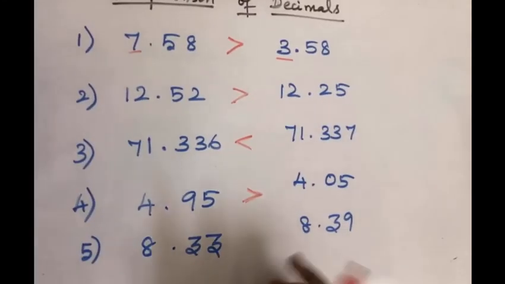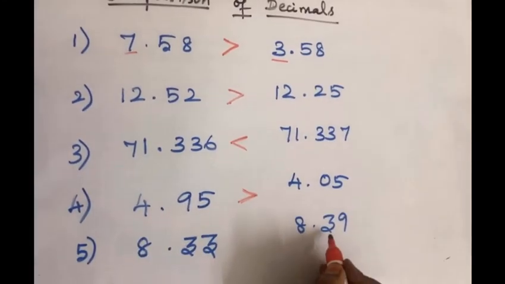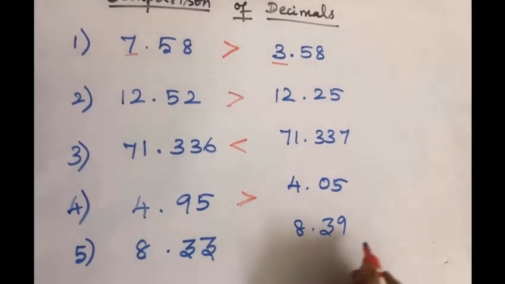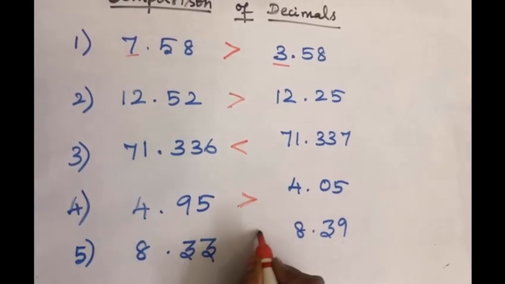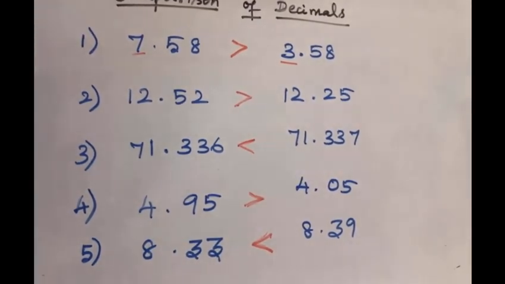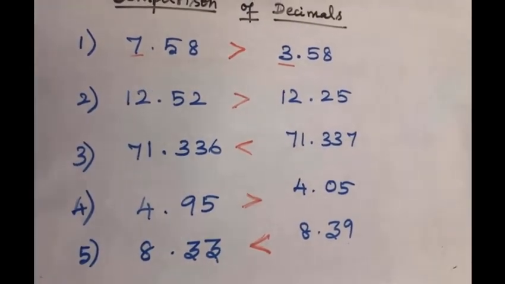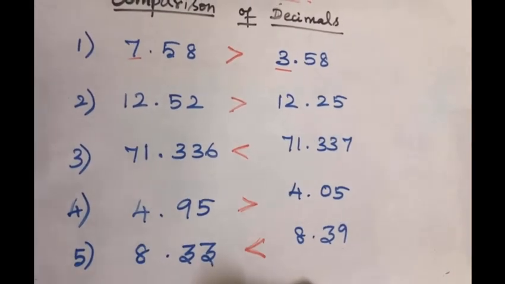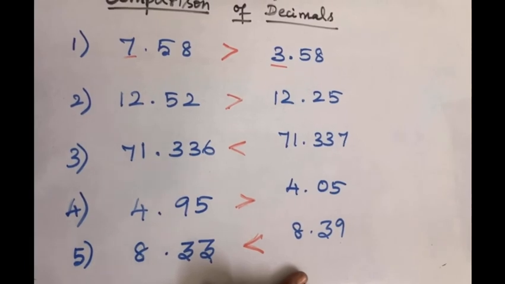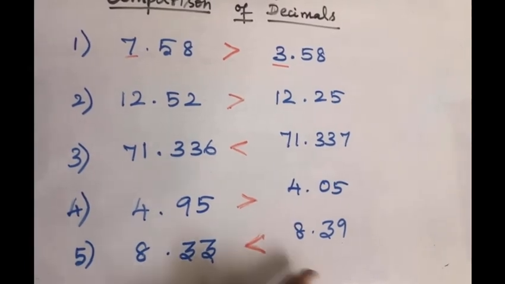What about the decimal part? Here 3, here 3. Same, again same. Here now again 3, but here it is 9. So that is greater. Okay, this is how we compare decimal numbers. With this comparison, you can write the given numbers in ascending order, descending order and like that.